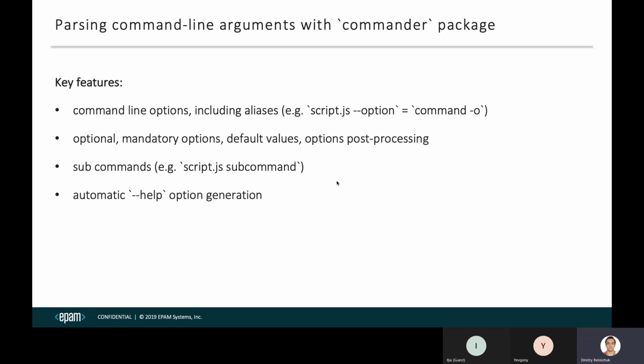There are mandatory or required options, default values, some post and pre-processing, and subcommands, so we can create a chain of commands that do different things to create a richer CLI experience that we might be familiar with when working with other packages that are already written for us.